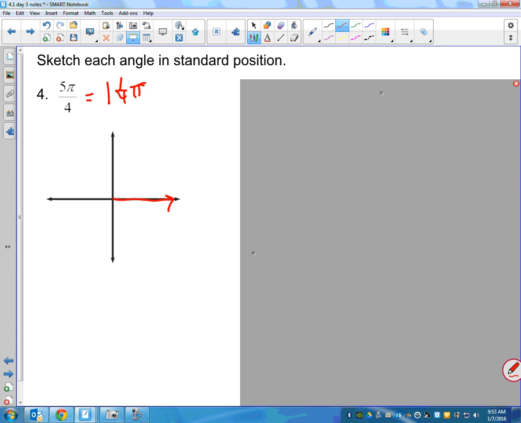So if you just think about this being pi, as far as knowing this is pi halves, we even said earlier, halfway between pi and pi halves is pi fourths, right? So each one of these is like a fourth. So 5 pi fourths, wouldn't that just be a fourth more than pi? Which I think should be directly in the middle here.